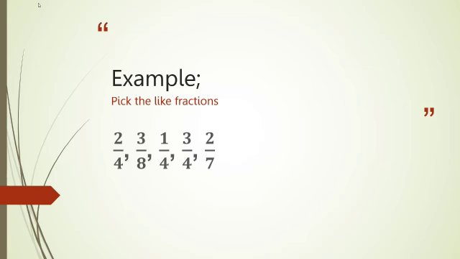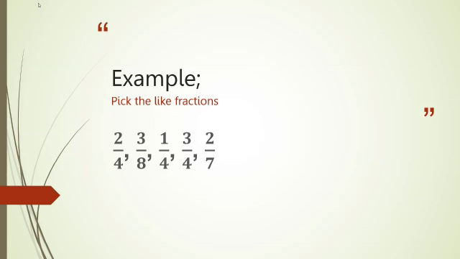Now we are going to discuss an example. Pick the like fractions. Here are some fractions. The first one is 2 over 4, the second one is 3 over 8, the third one is 1 over 4, the fourth one is 3 over 4 and the last one is 2 over 7. We have to pick the like fractions. Recall the definition of like fractions.